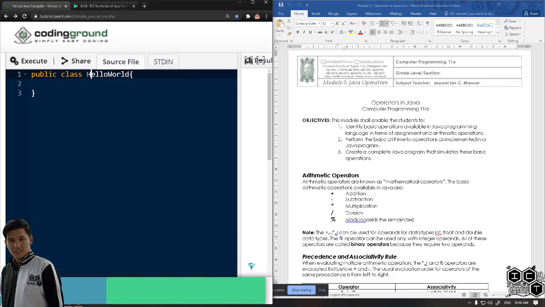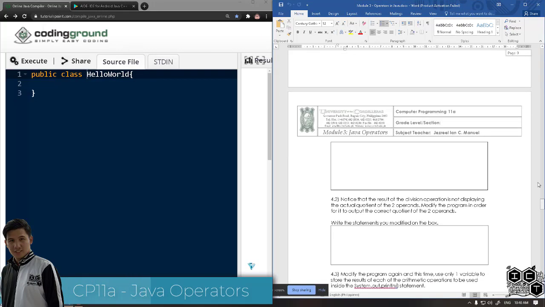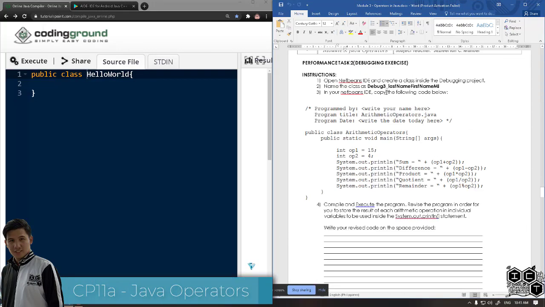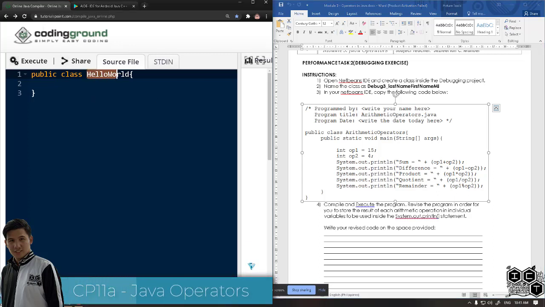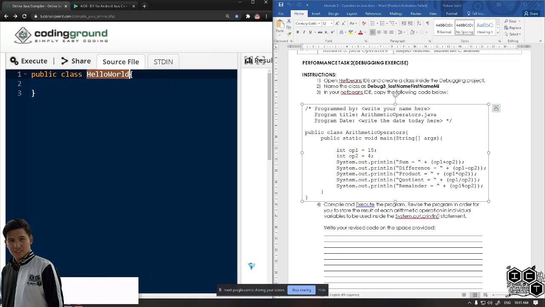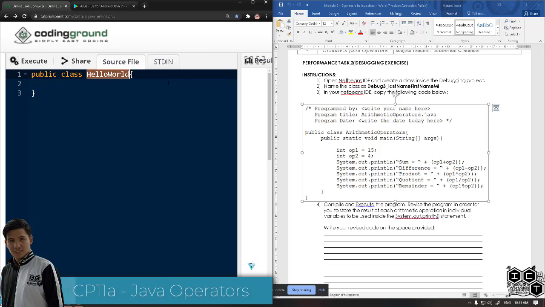So, halimbawa, ang file name na nilagay ko, say for example, dito sa may activity natin, name the class as, say for example, ArithmeticOperators.java. Yan. When I say program title ArithmeticOperators.java, automatic, the class name should always be the same with the file name itself. So meaning, okay, ganito rin dapat ang itsura niyan.